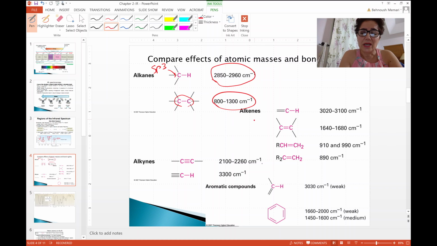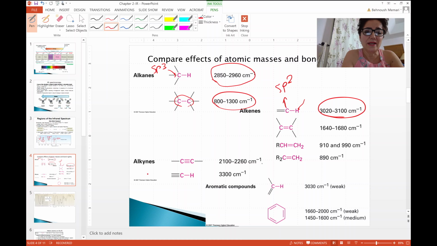For the alkene family, we have two distinct peaks. One is for the hydrogen attached to an sp2 hybrid carbon, which appears slightly higher than 3000, and the CC double bond at around 1600.